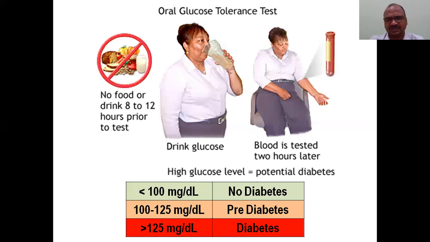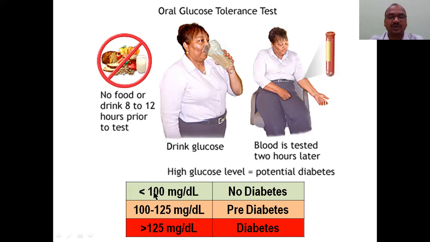Oral glucose tolerance tests: first, no food or drink for 8 to 12 hours prior to the test. No food, no drink, nothing should enter your mouth. Drinking glucose: now after 12 hours you drink glucose. Now blood is tested 2 hours after taking the glucose. High glucose level means potential diabetes.